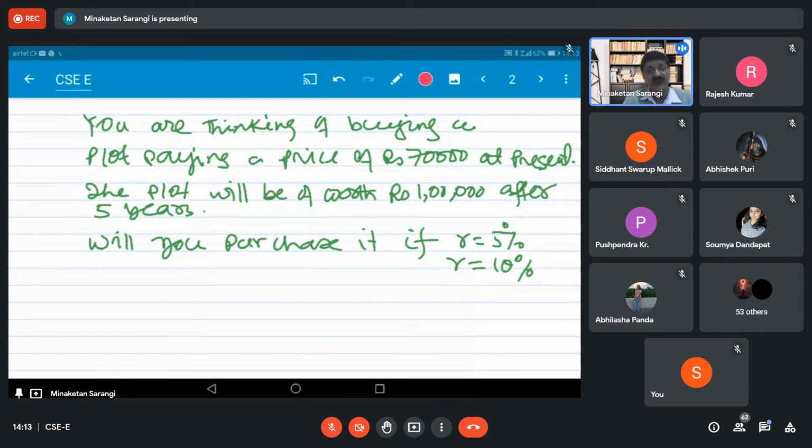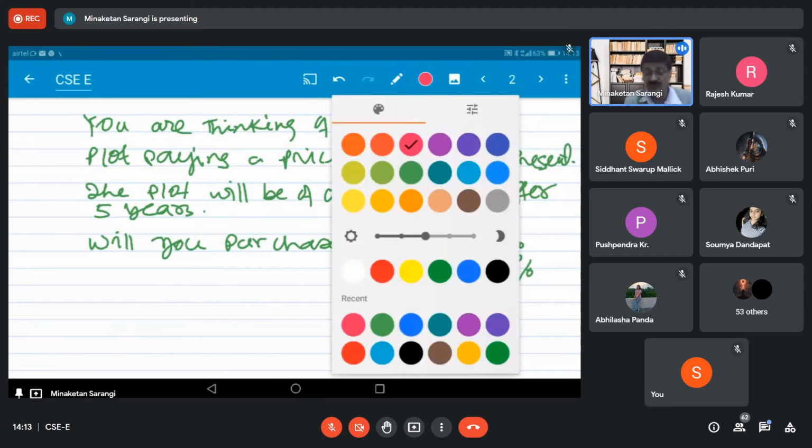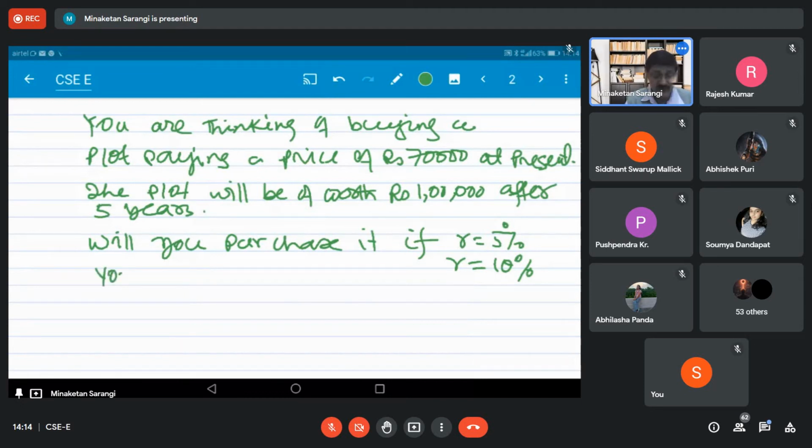Will you purchase it if the rate of interest is 5% or the rate of interest is 10%? Your consideration will be the cost of the plot. How will you proceed?